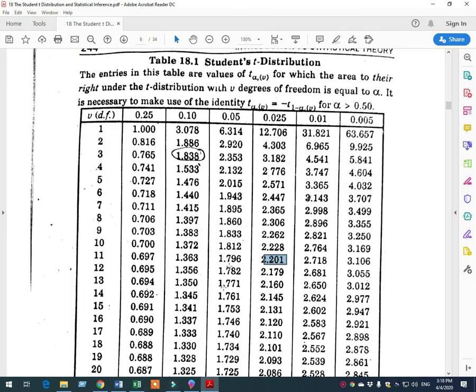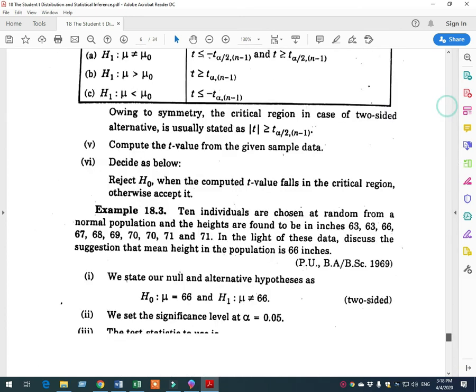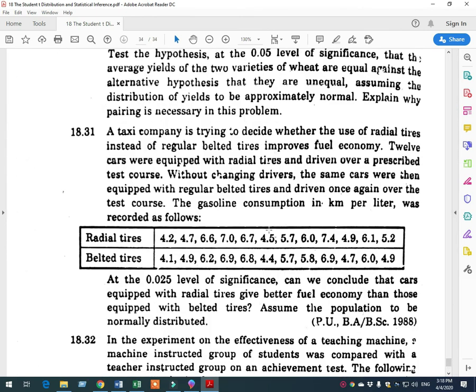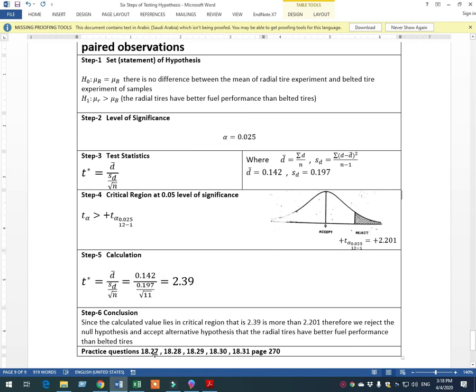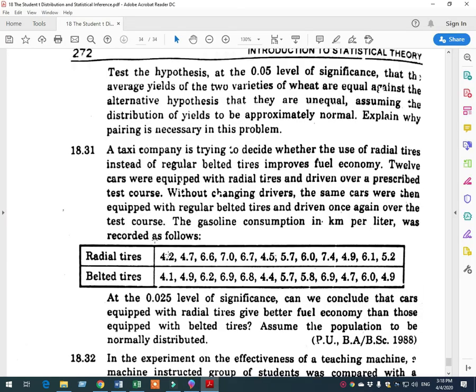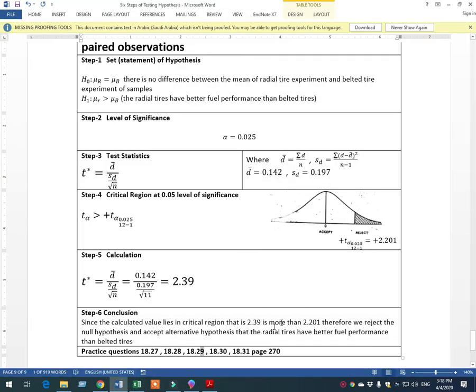Now I would request you to go through your exercise and do these exercises of paired sample on question numbers 18.27, 18.28, 18.29, 18.30, except this 18.31 question, that is the last question I have done for you.